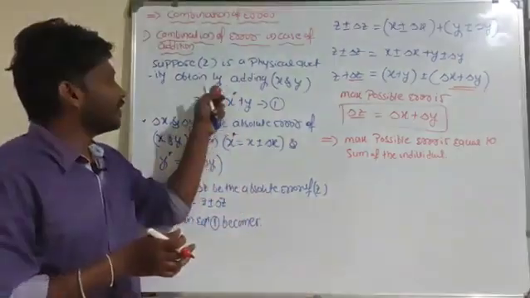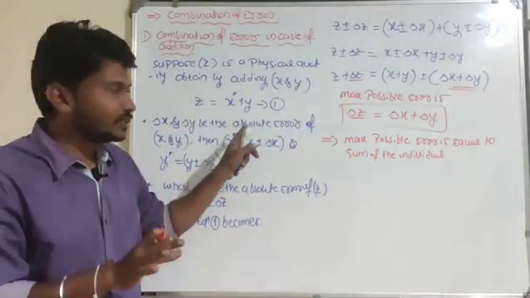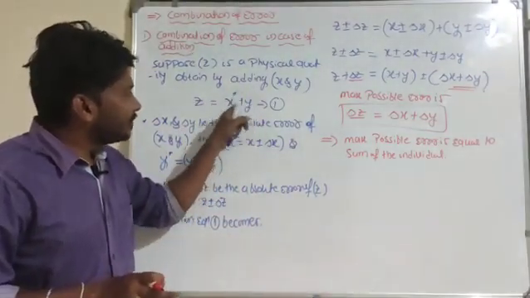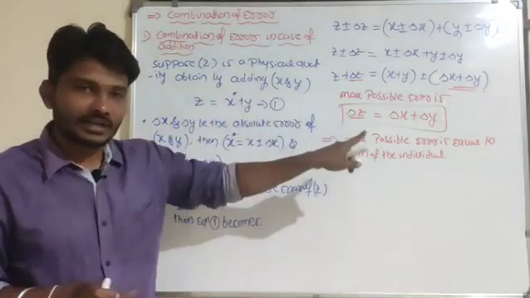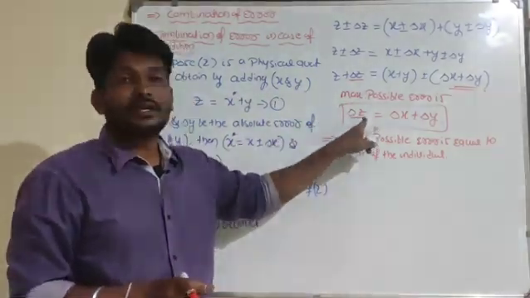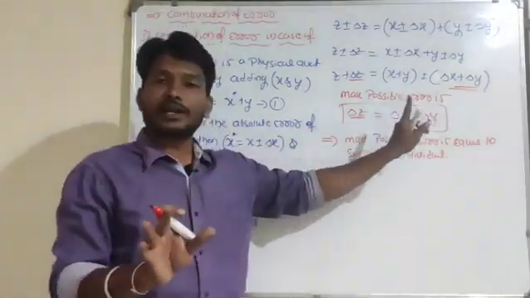While measuring the physical quantity X you get a certain error, and while measuring the physical quantity Y you also get a certain error. So delta Z is equal to delta X plus delta Y.